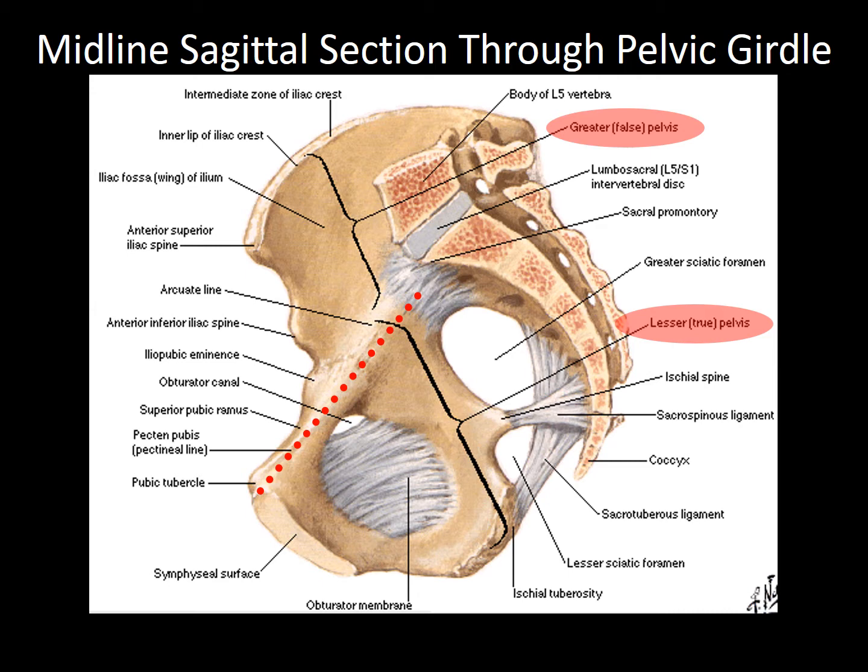And the greater and the lesser pelvis are divided by this line here, which I'm going to give you names for in a minute. But something else to keep in mind is that this true pelvis, this lesser pelvis, the lower part, is the actual bowl shape that your viscera are sitting in. So this is literally holding guts, versus the greater pelvis, which basically includes these iliac blades, the blades of your ilia as they're sweeping out.